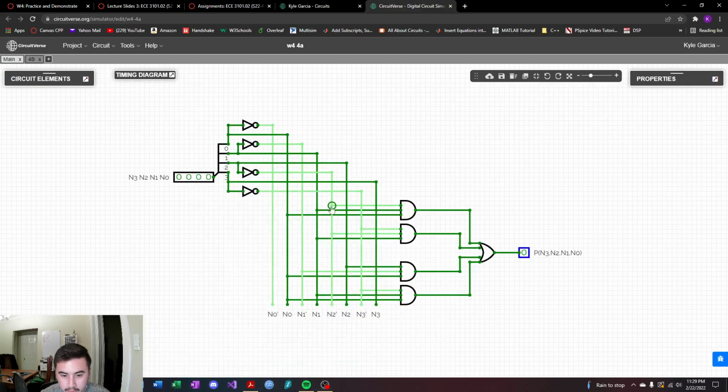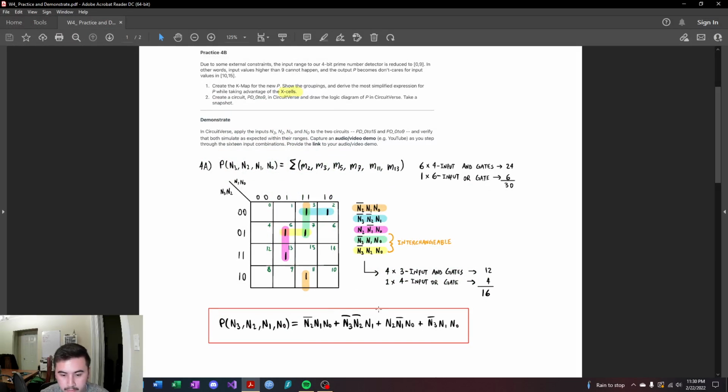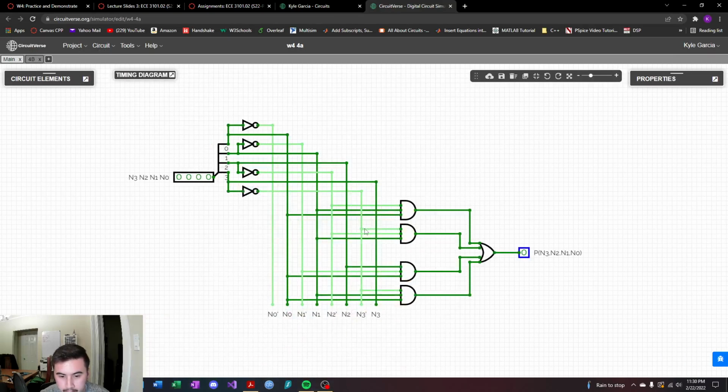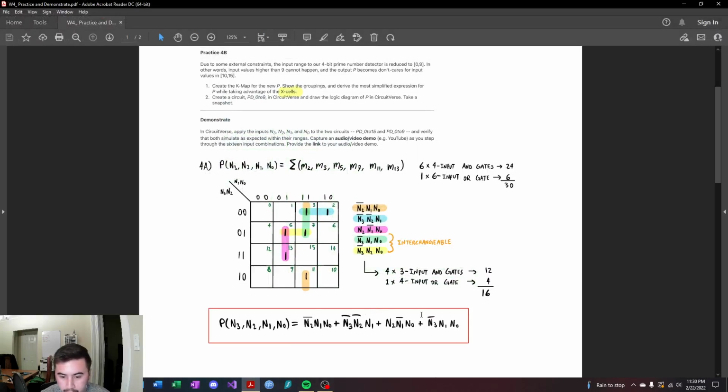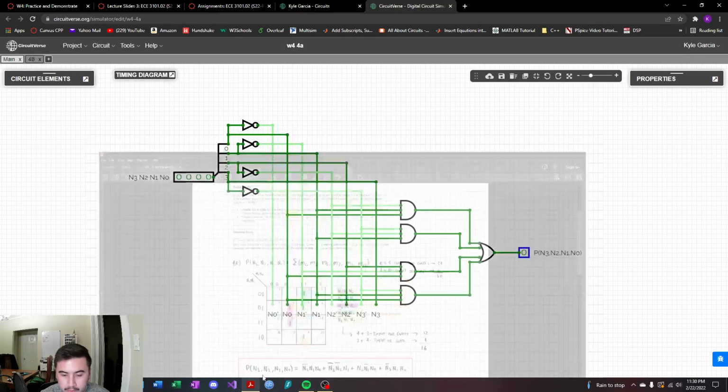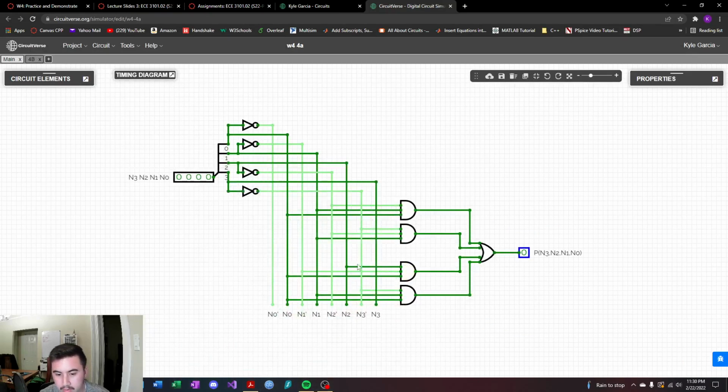So right here we have N2 not, N1, N0, N3 not, N2 not, N1, N3 not, N2 not, N1, and then we have N2, N1 not, and N0. Basically we translated this entire function into this circuit.